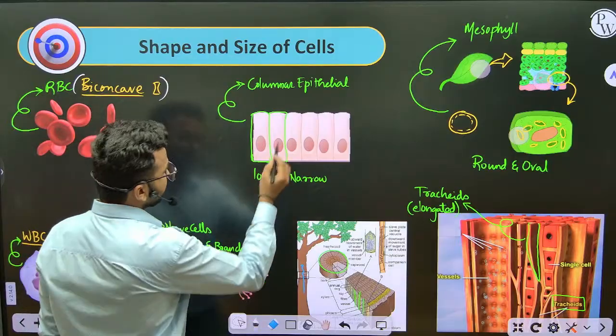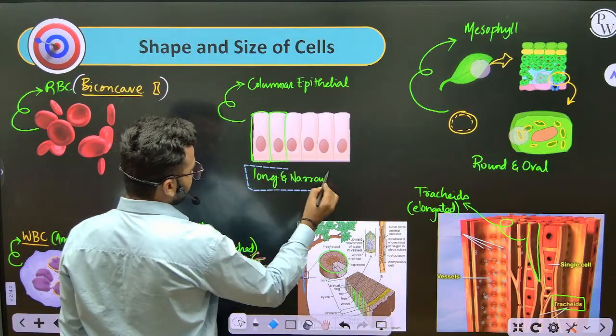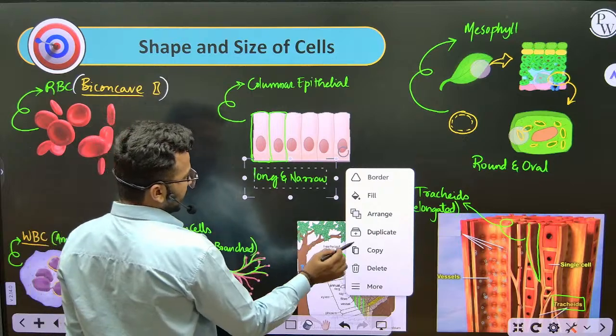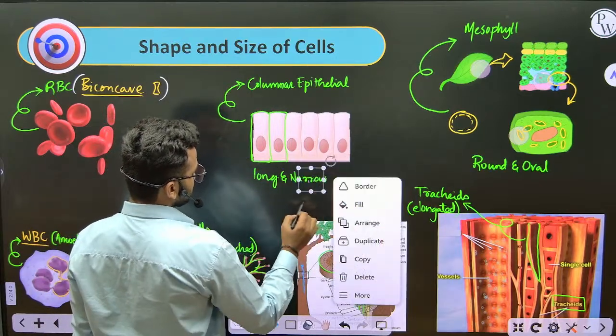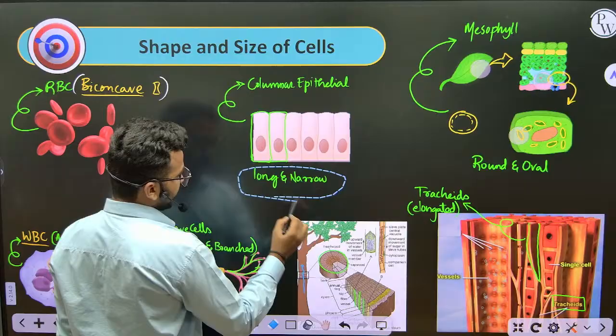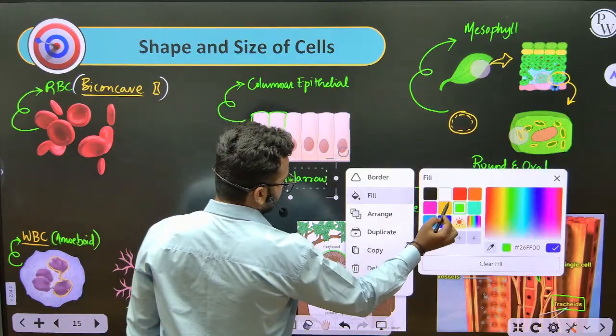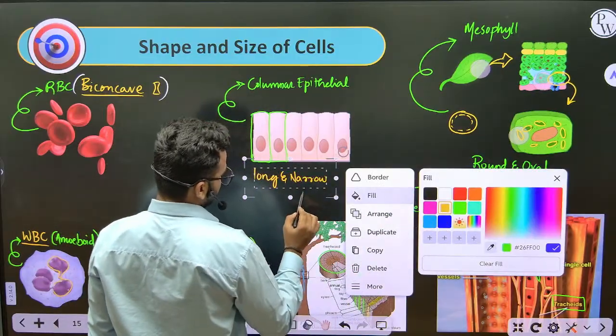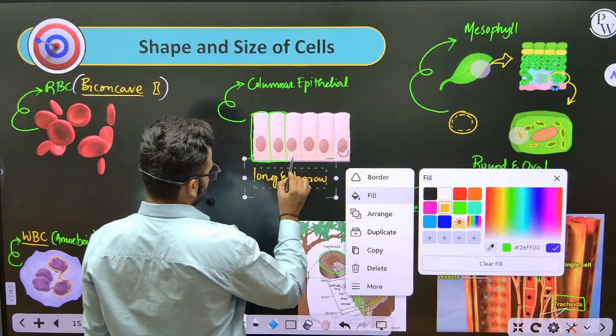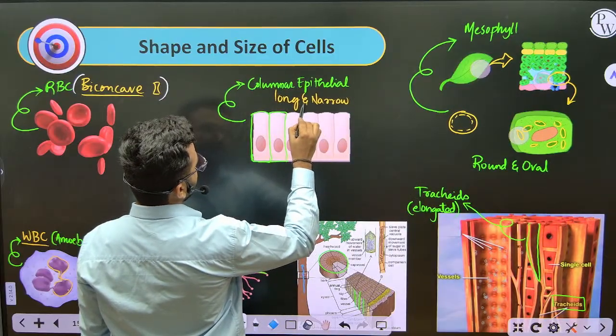And coming to the columnar epithelial cells, they are long and narrow.